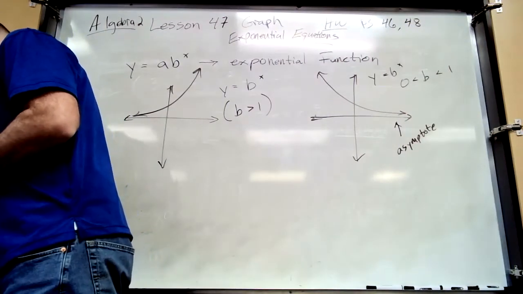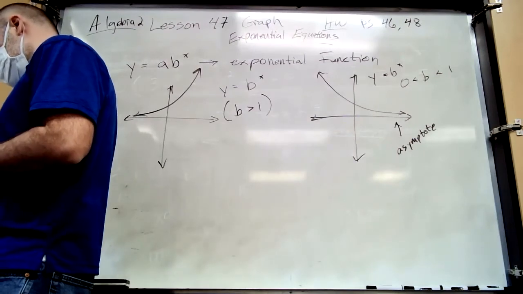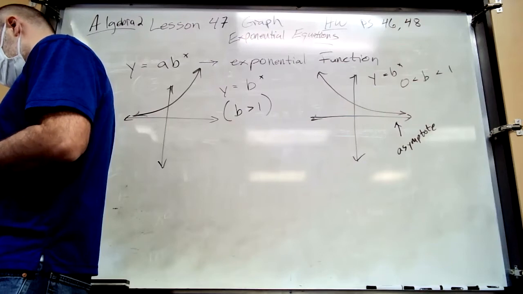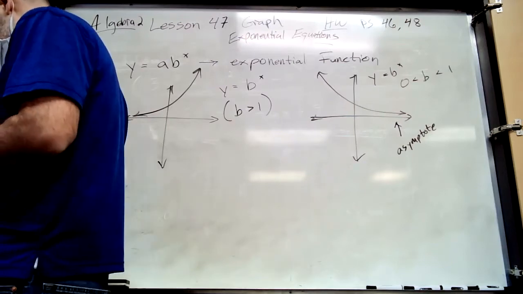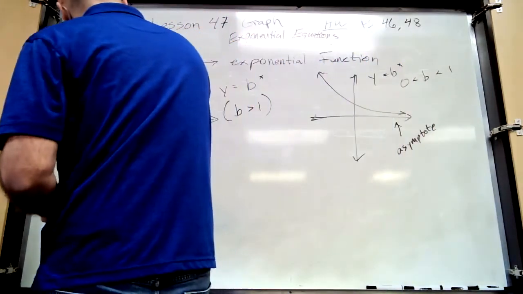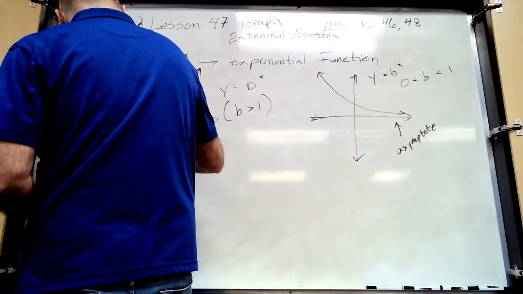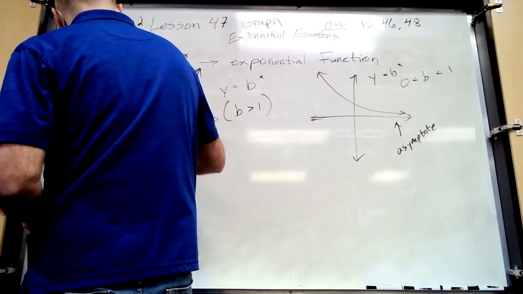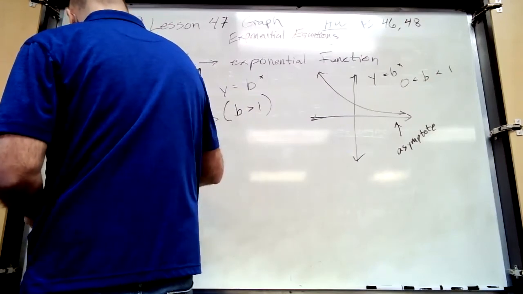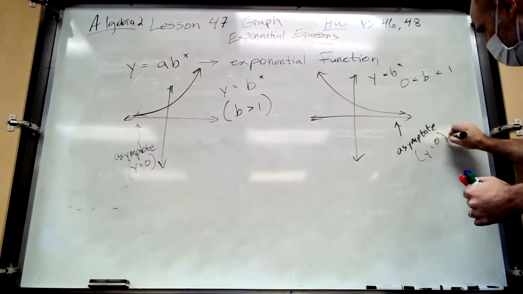Yep. Okay, so for the graph above, y equals 0. These are both asymptotes. So they never touch the x-axis. Right, they get really close, but they never touch it.